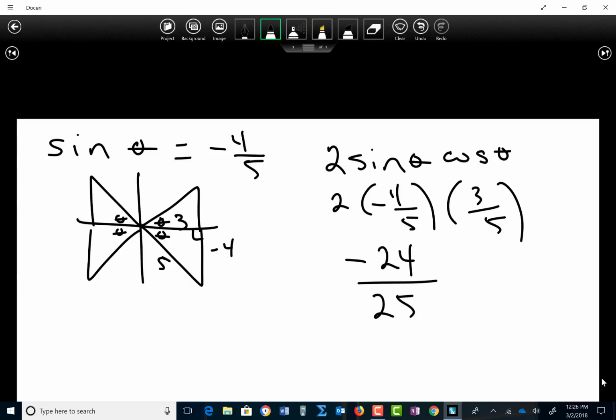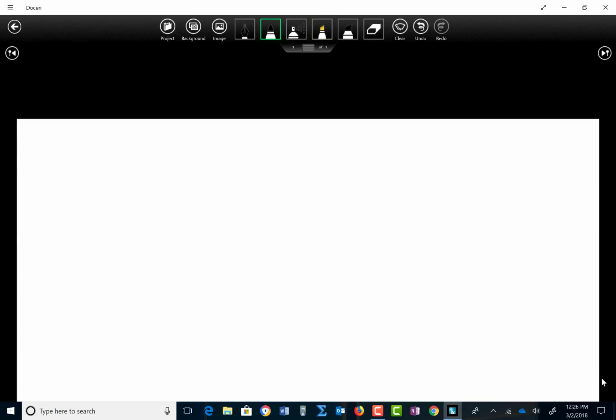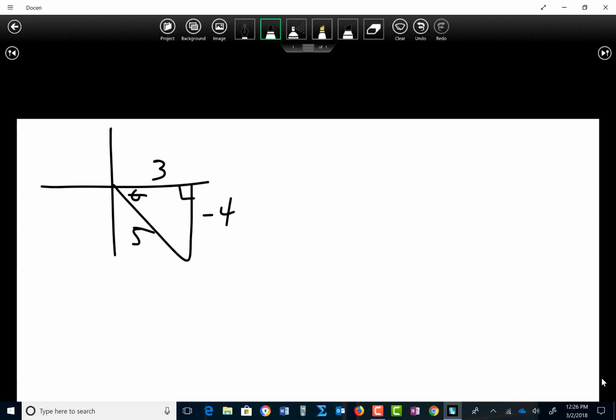Okay, so the next one, let me clear this one out. Let's look at the next one. It says, given that sine theta is negative 4/5 in quadrant 4, so again, the same thing that we had before. So opposite, hypotenuse, this happens to be the 3.